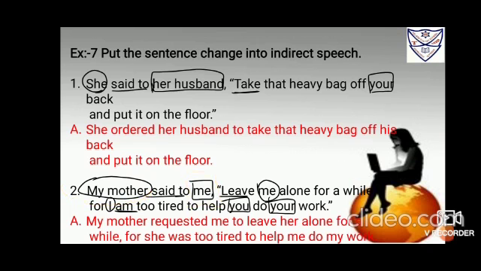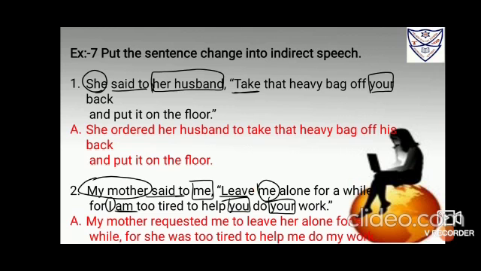Now inside the reported speech the pronouns used are me, first person, circle; I, first person, circle; you, second person, box; your, second person, box. So what we have to do now is change first person according to the speaker. Speaker is mother, so it is she. Leave me alone changes to leave her alone. For I am tired changes to she was tired, okay. Now change second person pronouns according to the listener.